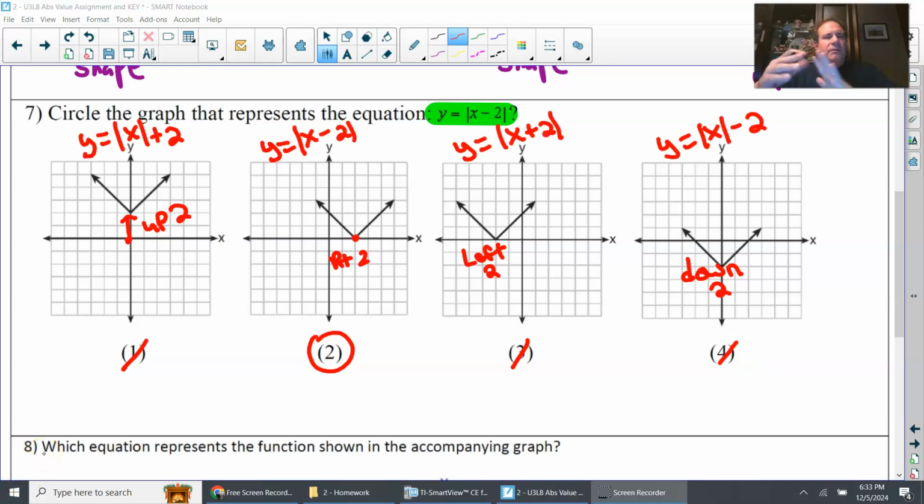And I just put all of the actual equations down of each function. So this one would be y equals the absolute value of x plus 2. This one would be the actual answer, y equals the absolute value of x minus 2 inside. This is going left, so it's x plus 2. And this one goes down, so this is y equals absolute value of x minus 2.